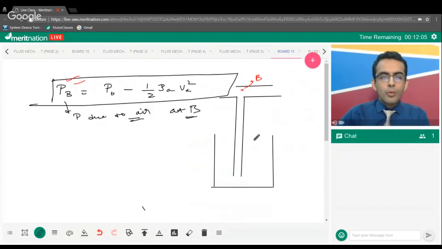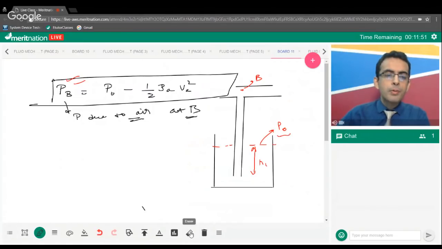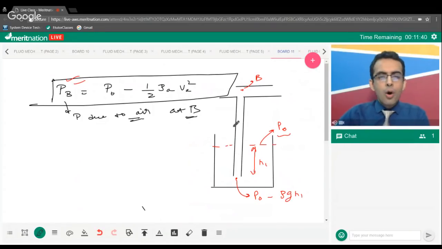So now let us say that the liquid has height H1. Here, let's say the pressure is P naught, atmospheric pressure, because it's open to the atmosphere. So if you talk about the pressure here, you can say it will be P naught minus rho G H1. And now you should understand that liquid is moving in the upward direction inside the tube, right?